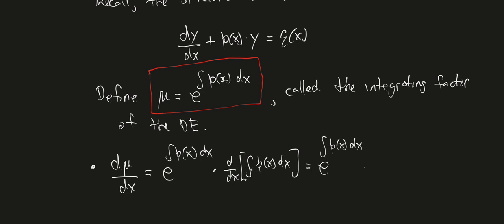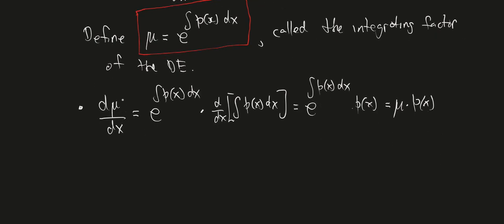If you differentiate an antiderivative, you just get back p of x. So when you differentiate the integrating factor, you get back the integrating factor mu times the function p of x. That's one important property of this integrating factor.